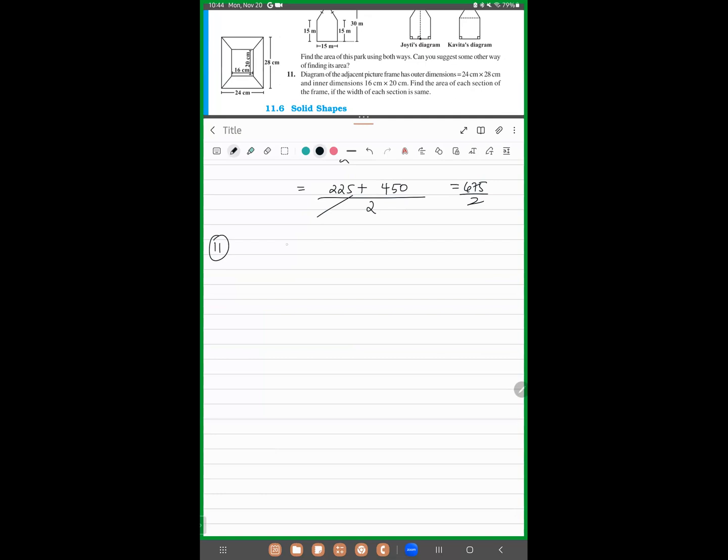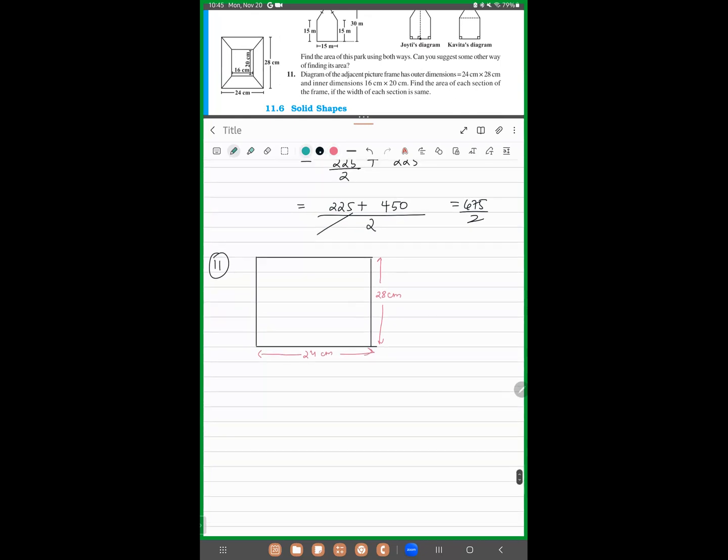Diagram of a picture frame is given. This is 28. This is 24.